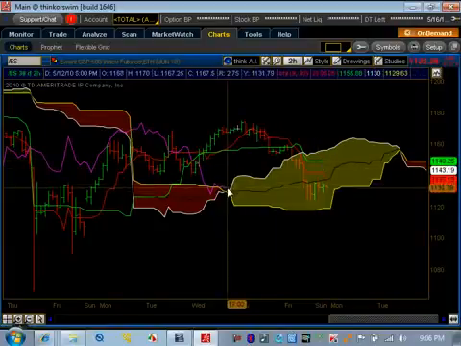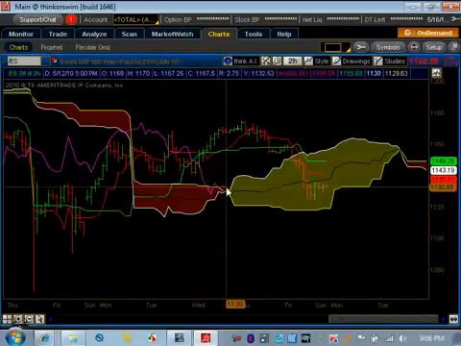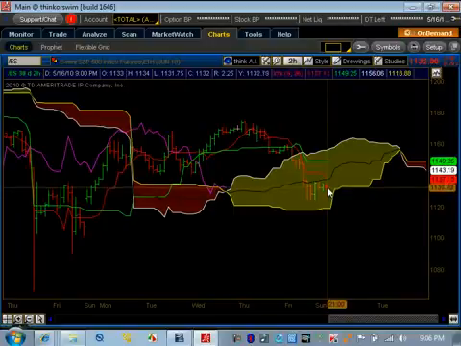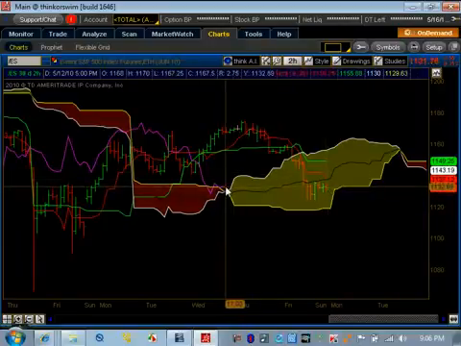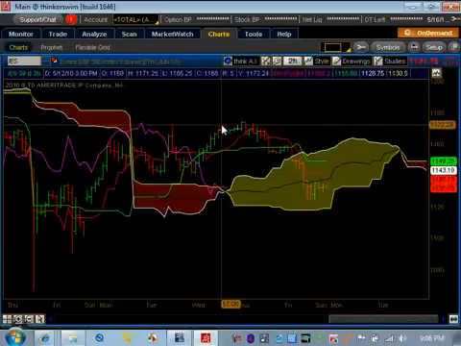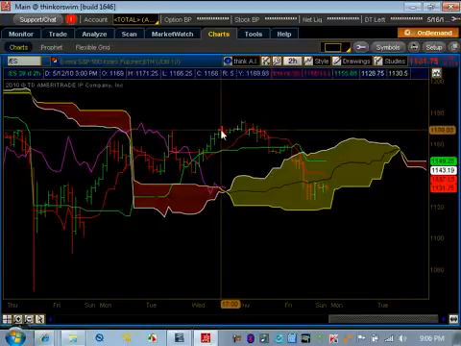The third indicator you have is this purple line, and if you notice, it's shifted back in time. If you look at today and you look at the current price right now and you shift that back 26 periods, that's basically what the value of the Chikou indicator is. What you want to do with the Chikou is look at current price action, and then compare it to price action from 26 periods ago.